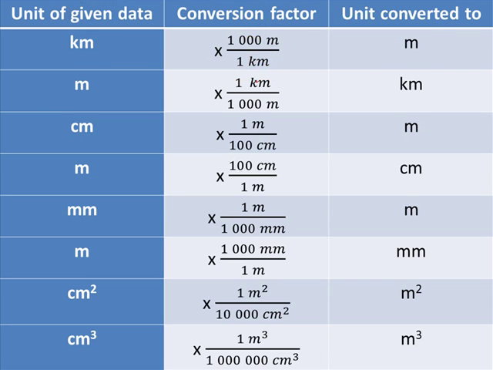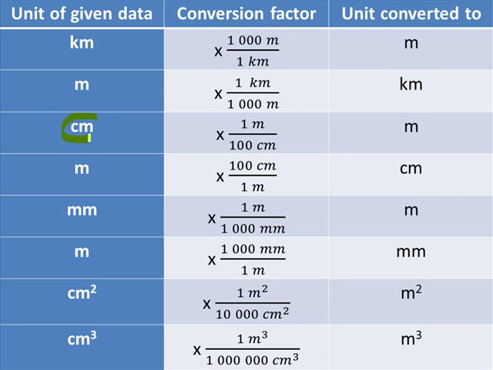Look at the rest of the list and you can see the same kind of thing. If we want to convert from meters to kilometers, we use the same conversion factor as just now. 1 kilometer is the same thing as 1,000 meters, but now we flip the fraction around. We need to have meters at the bottom to cancel out with the given information and kilometers at the top to be left behind as the required unit.